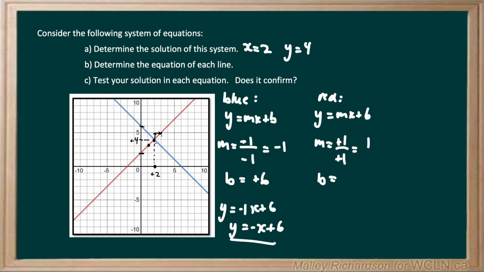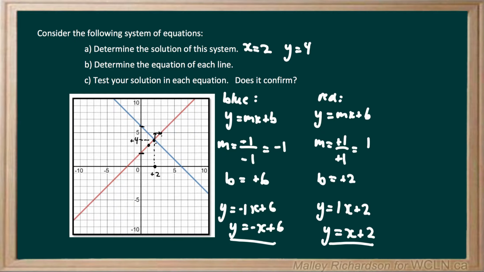So that would be right here when y equals positive 2. So b is positive 2. Now we fill in our m and b into our equation, and we get y equals positive 1x plus 2, or y equals x plus 2. So now we have the equation to our blue graph and our red graph.